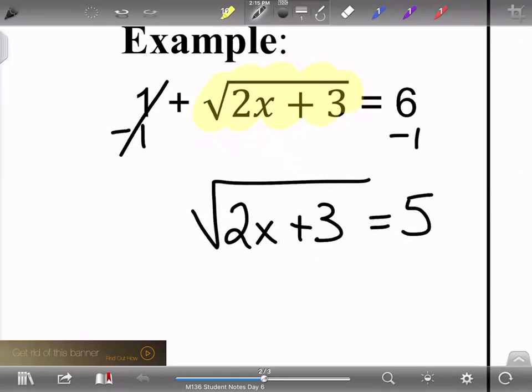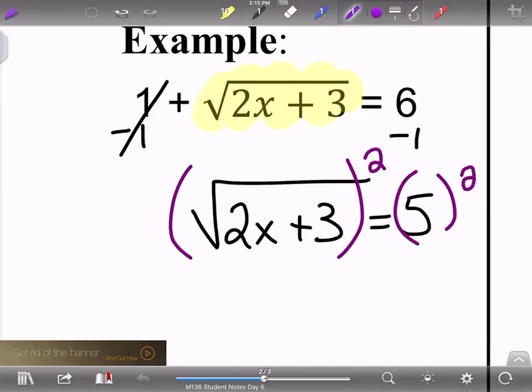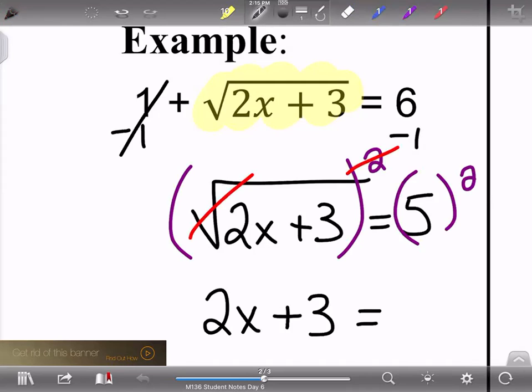We want to go ahead and square both sides, putting both sides in parentheses and then squaring them. In this case, your square root and your squared are going to cancel. You have 2x plus 3 on the left-hand side and 5 squared, which is 25, on the right-hand side.